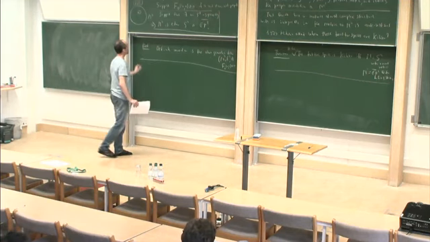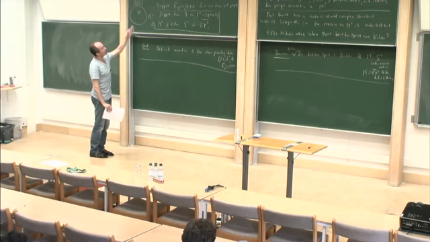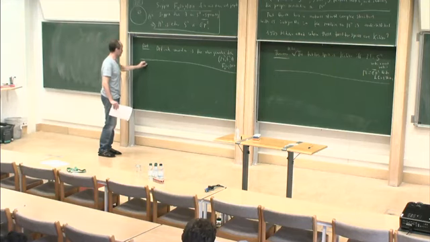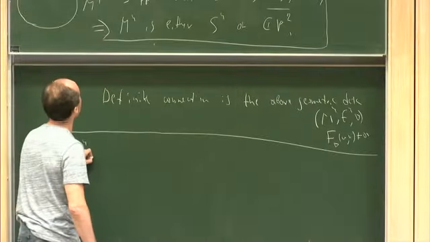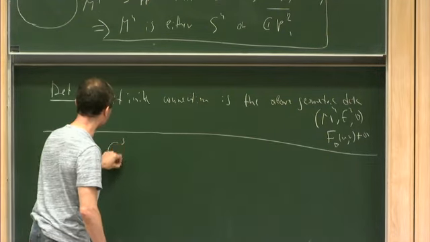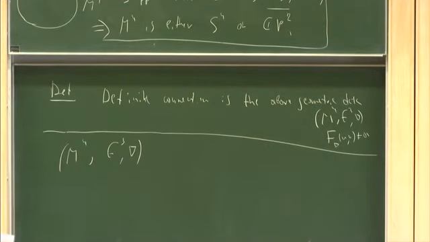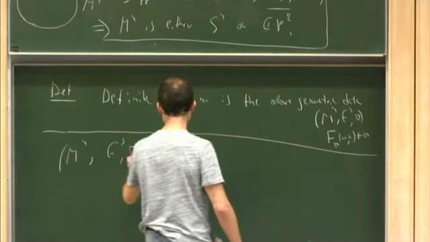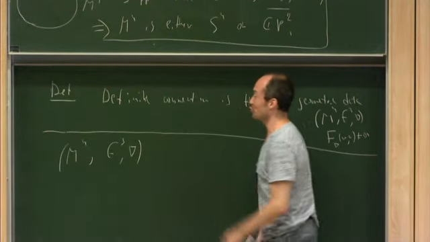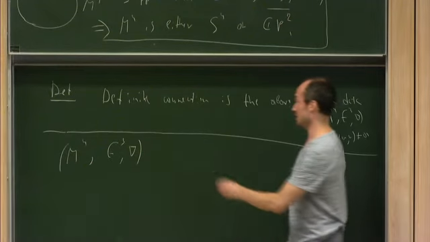So when you have this data M4, E3, and nabla, what you can do, an immediate thing, you can get an S2 bundle from this data.